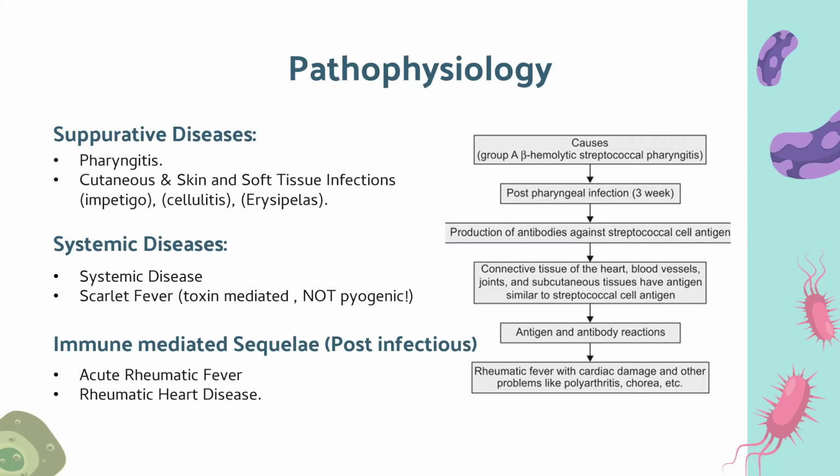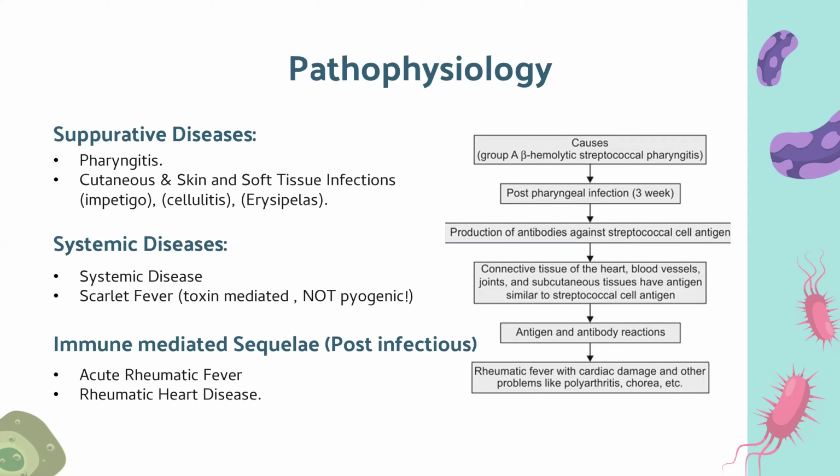It is not the bacteria itself that is causing this. This is something that's very important. It is actually the immune system that is fighting against the body itself. It's an autoimmune type of reaction that is going to cause cardiac damage, kidney damage, and just acute rheumatic fever. Okay?